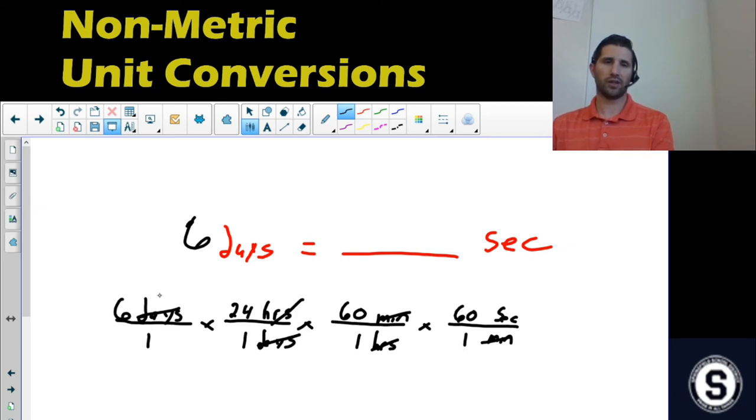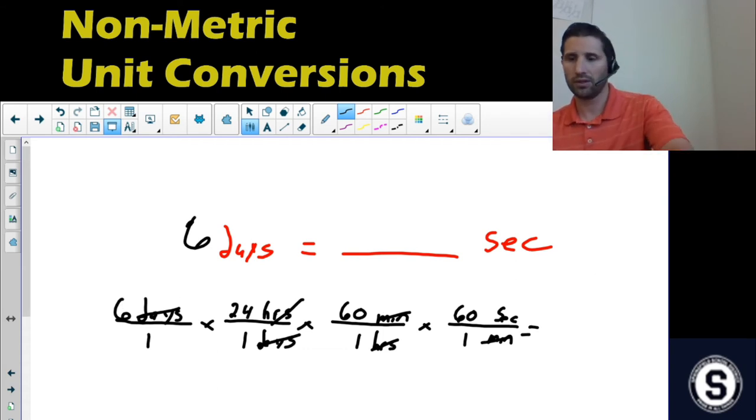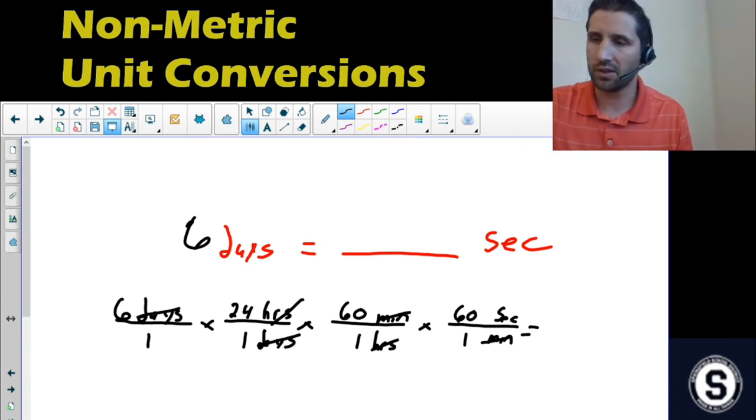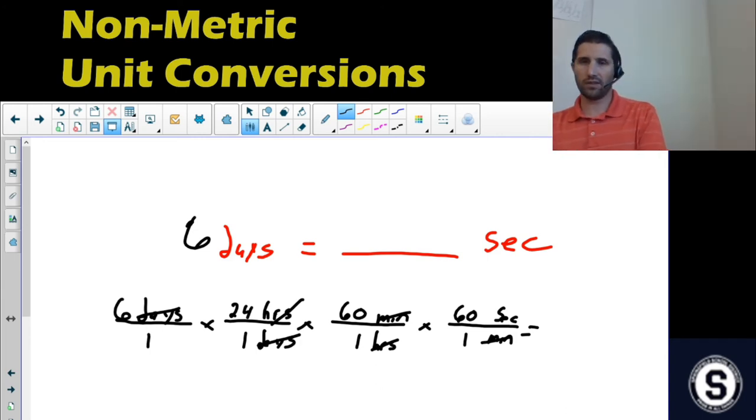Okay, so if we take a look at this operation, I have 6 times 24 times 60 times 60. I'm going to do all of that in the calculator. So 6 times 24 times 60 times 60 again, 518,400.